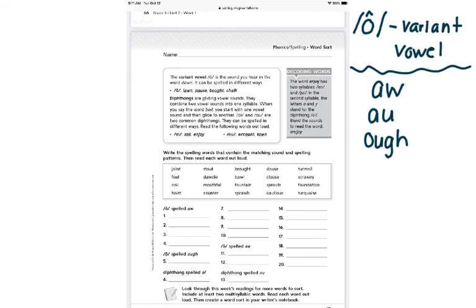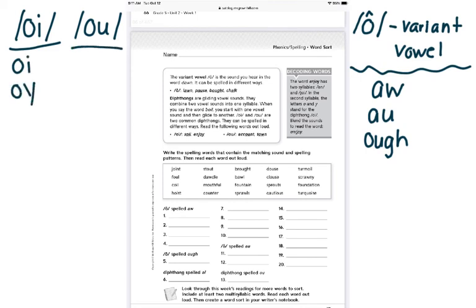The next one we're looking at are diphthongs. Diphthongs are vowels that slide together. When we listen to it, you can hear one sound gliding into the next. So we have oi, and we also have ow. Oi can be spelled O-I or O-Y, and ow could be spelled O-U or O-W.